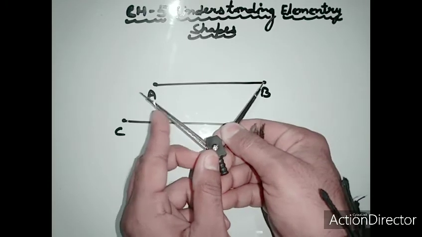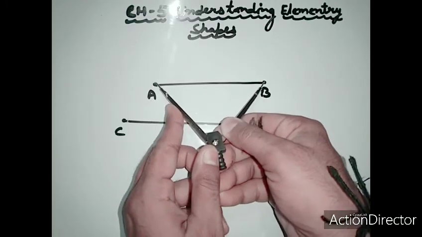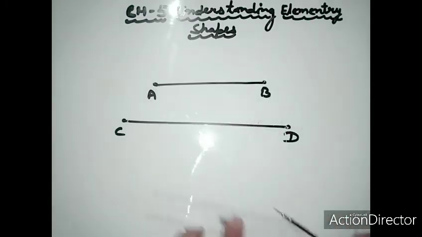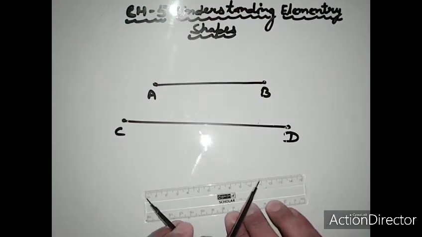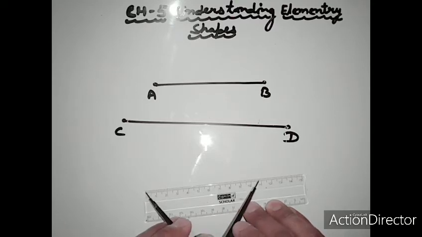Now we put the first tip on the A and the second tip on the B. Now we use the scale, this ruler, and we put the first tip on the centimeter mark and the second one here, right? So here we get 10.8 centimeter, right?